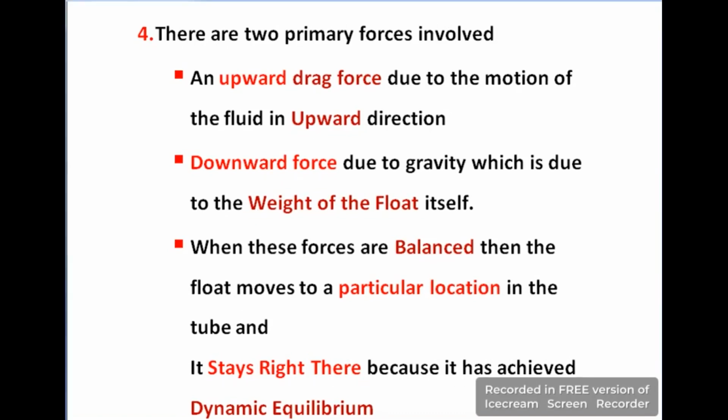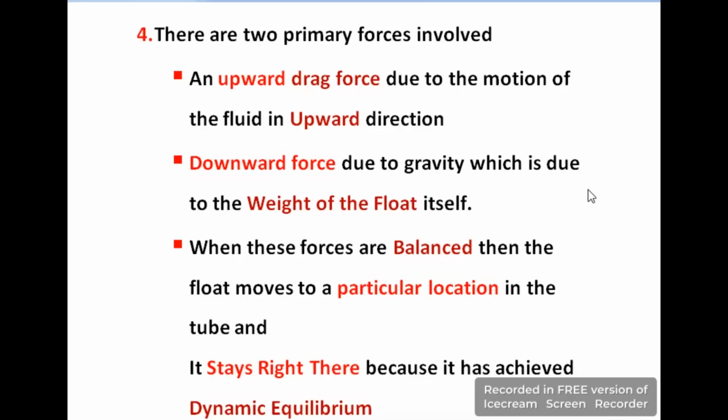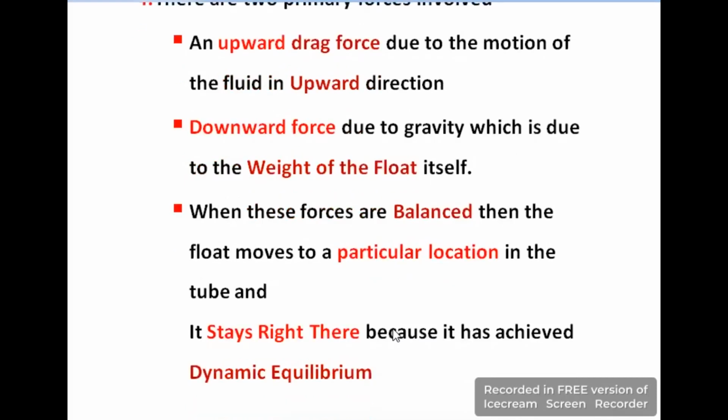So now two forces are applying on the float. One force is the drag force which moves the float in the upward direction, and the second force is the force of gravity which moves the float in the downward direction. When both these forces, drag force and force of gravity, are balanced, then the float moves to a particular location and stays right there because of dynamic equilibrium.